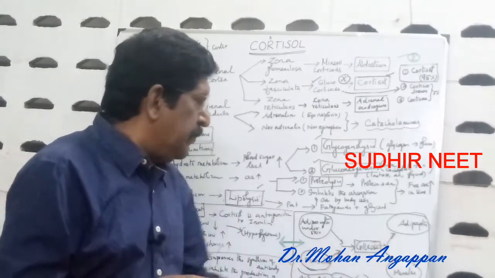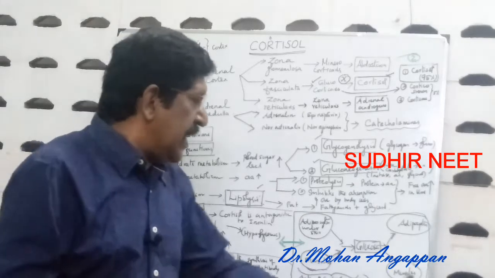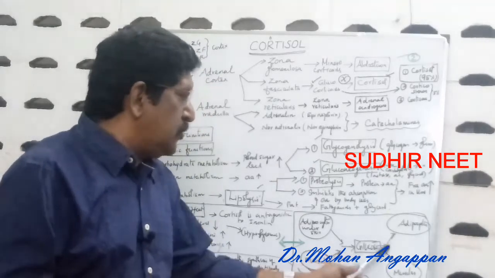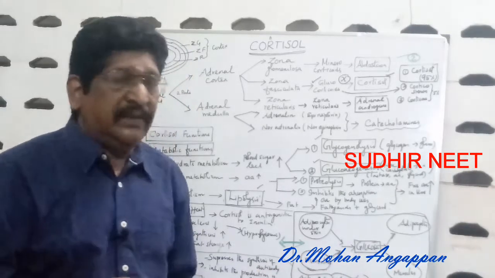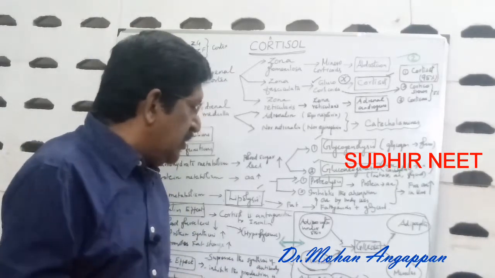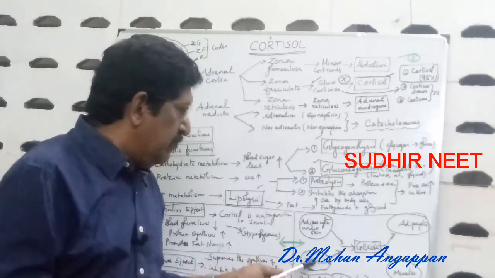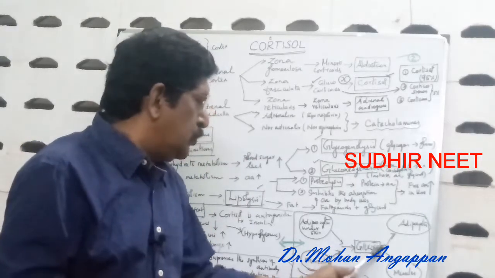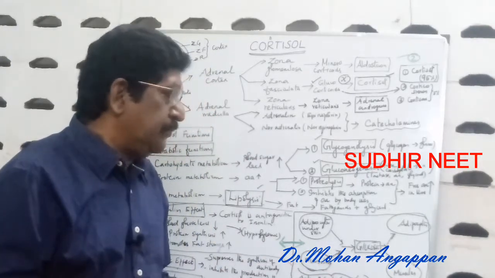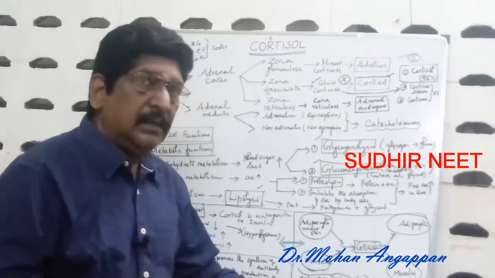You can see this diagram. This is the action of cortisol and this is the action of insulin. So glucose level increases and decreases. Let us see. The action of cortisol, from the adipose tissue, skin and from the muscles, it converts the glycogen into glucose. It is hyperglycemic. Whereas the action of insulin, it is hypoglycemic.